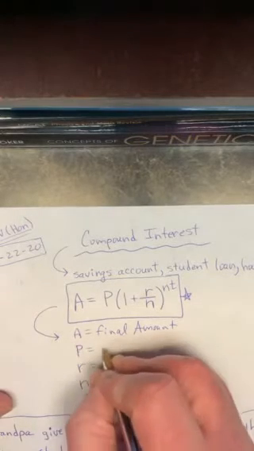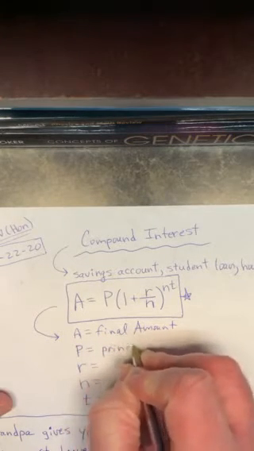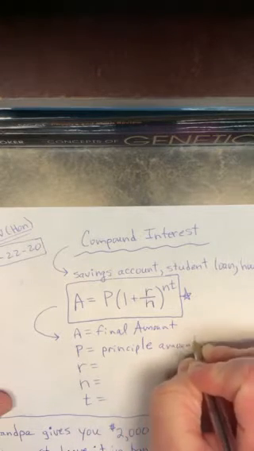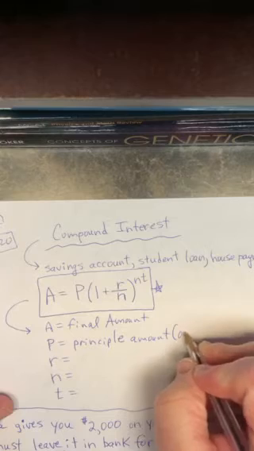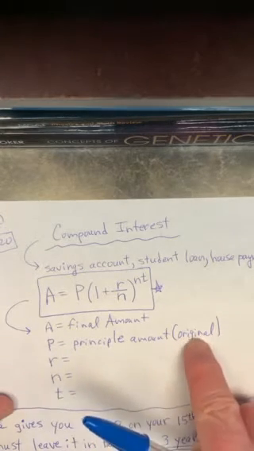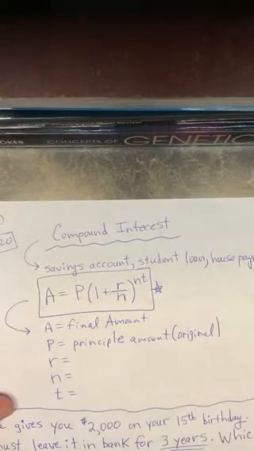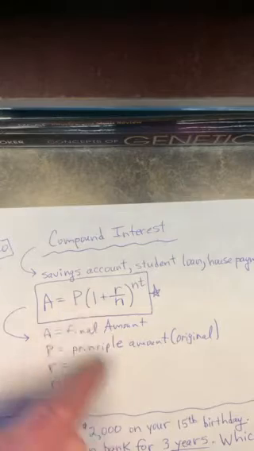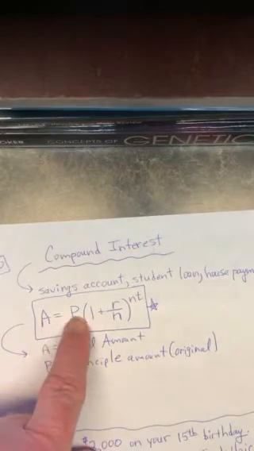P, capital P, is the principal amount. What that basically means, go ahead and write down in parentheses, it's the original amount that's getting placed, let's say, into a savings account. So P is the principal amount, the original amount you're putting into a savings account.